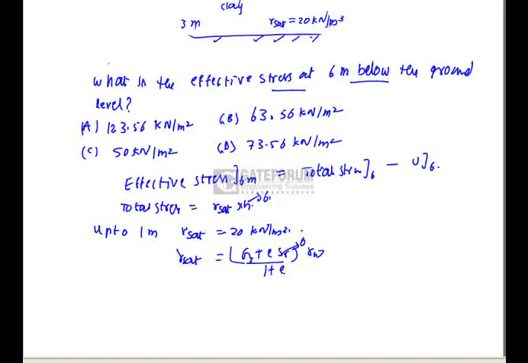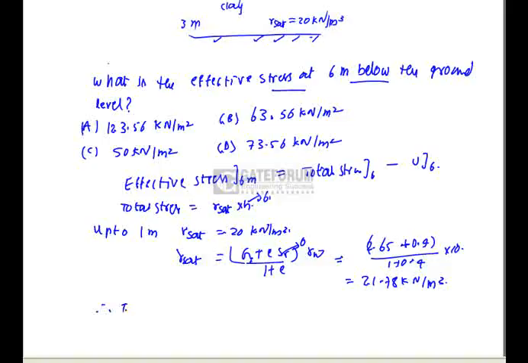Sr is going to be 1 because it is fully saturated below the water table. So G is 2.65 plus 0.4 divided by 1 plus 0.4 into 10. That implies 21.78 kilonewton per cubic meter below the water table, the gamma saturated.